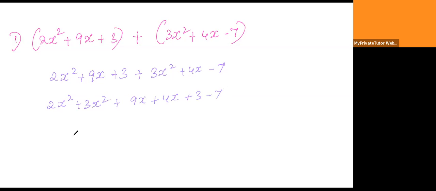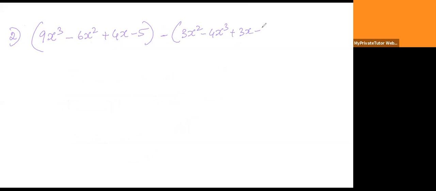I think 5x square. If you add 2x square and 3x square, we'll get 5x square and 13x minus 4. Very good. So it's a very straightforward addition. We just need to combine like terms. You know what is like terms?